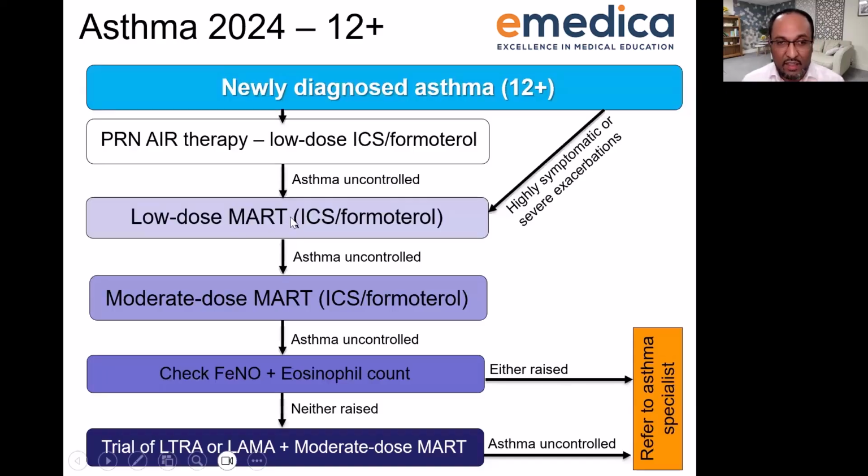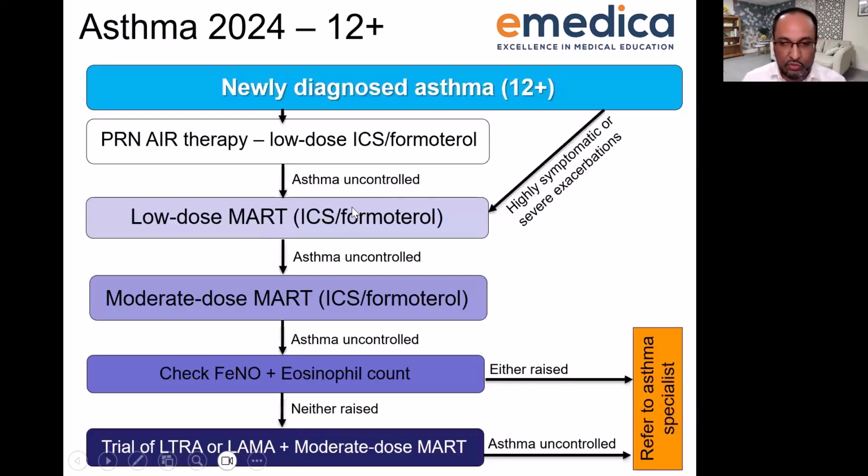Basically, it's the same inhaler, but now they take it every day, regularly. And if they get short of breath, they take a few extra puffs of the same thing. So what's in MART and what's in AIR is the same thing. The difference is AIR is a PRN option. MART you take regularly, and then also PRN, just extra doses of the same thing if you get short of breath.